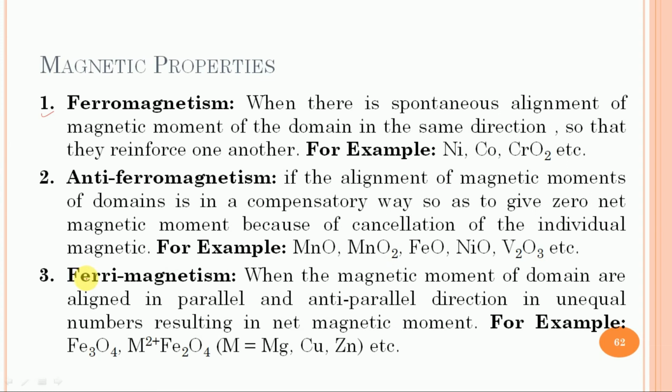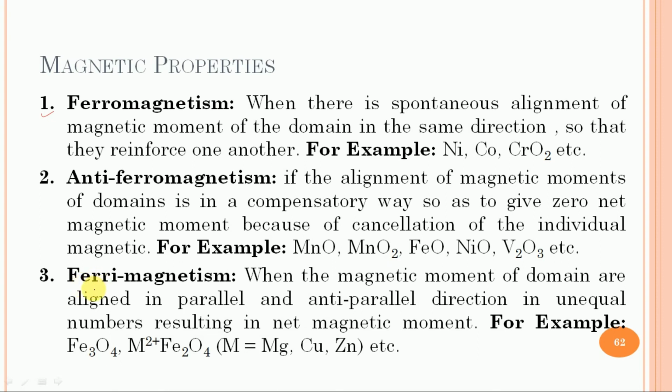The third one is ferrimagnetism, in which the magnetic moments of the domains are aligned in parallel and antiparallel directions in unequal number, resulting in a net magnetic moment. Such substances are called ferrimagnetic substances, and they are weakly attracted by the magnetic field as compared to ferromagnetic substances.